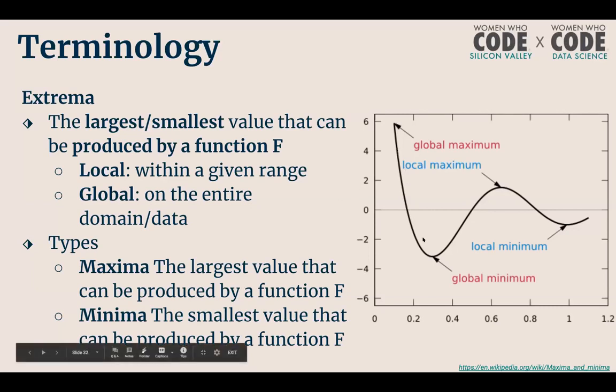So from this graph right here, say I'm defining 0.6 to 1.2 to be my local range, and 0 to 1.2 to be my global range for the entire data. If I were to take between 0.6 and 1.2, this is where my data reaches its maximum, which would be a local maxima.